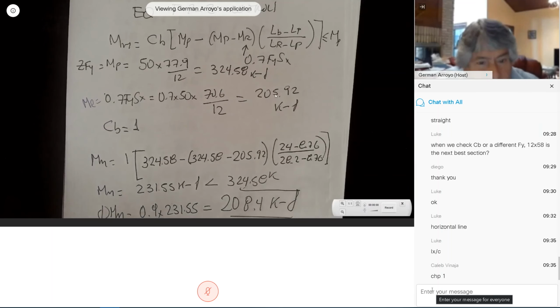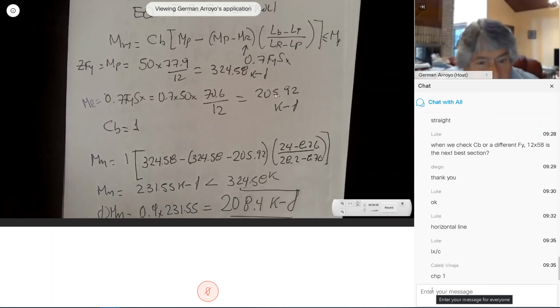Those values in the table are exactly the same values. Replacing the values in here, C sub B equal to 1. This in here is M sub P. This is M sub P. This is M sub R.